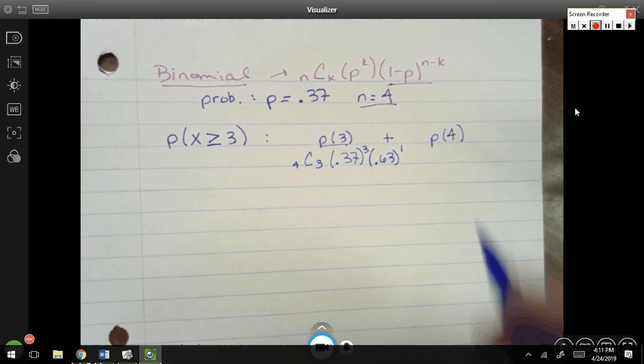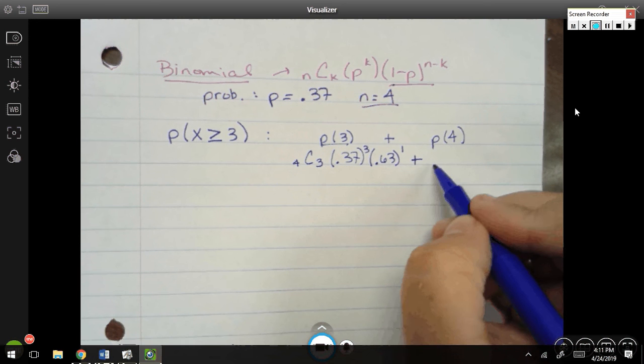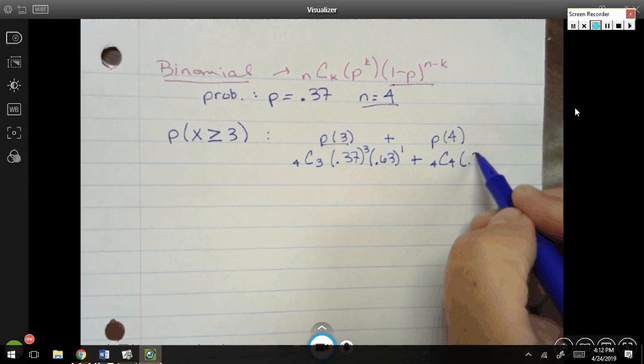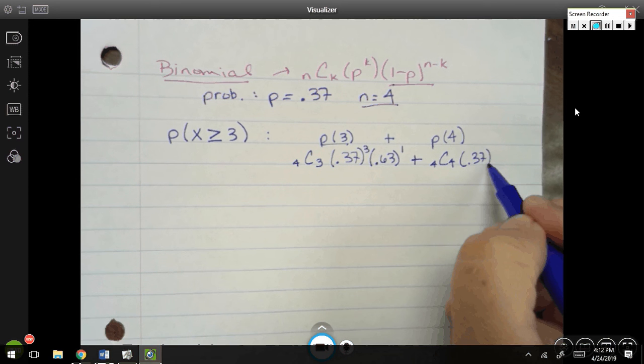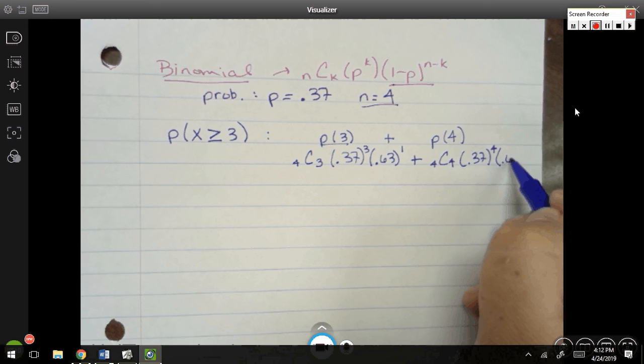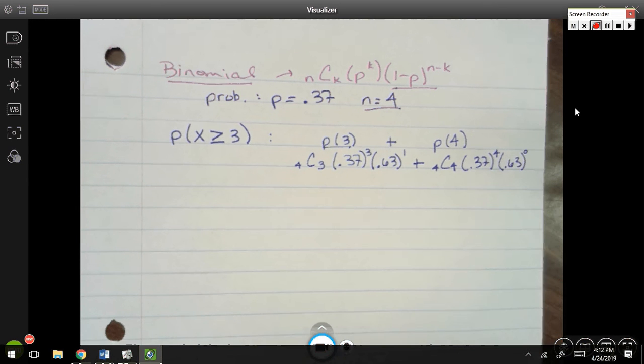Okay, but to that I'm going to have to add the probability of 4, which again, plug in that formula, 4 choose 4, p is still 0.37, this time it's to the fourth, and 1 minus p would be 0.63, of course to the 0 power. And then I could add those values together.